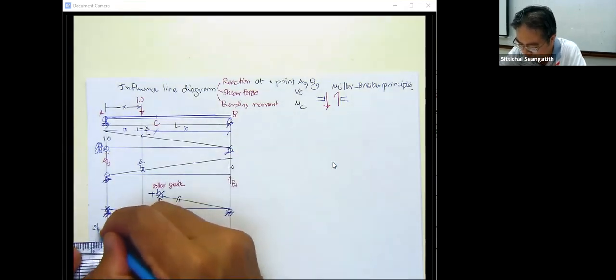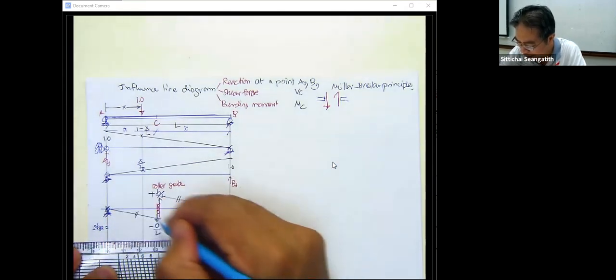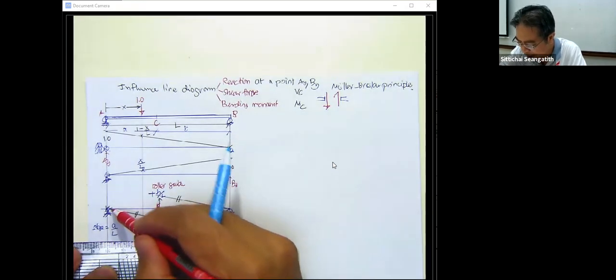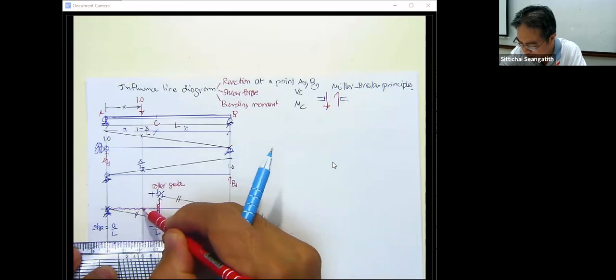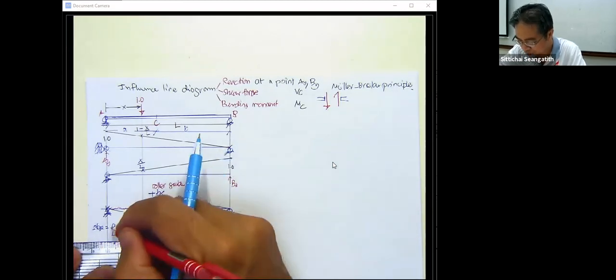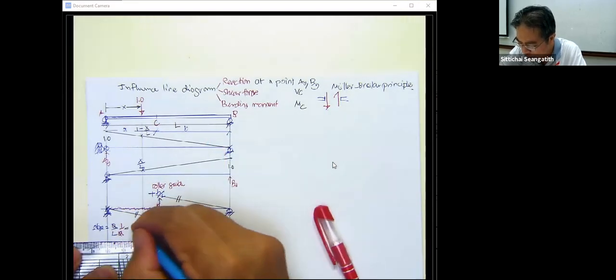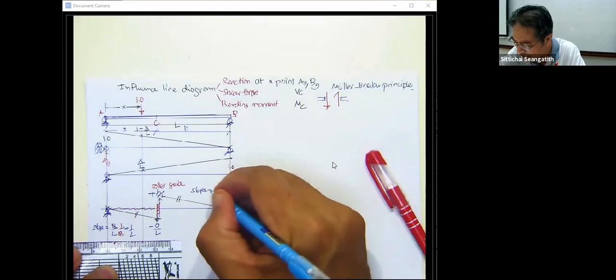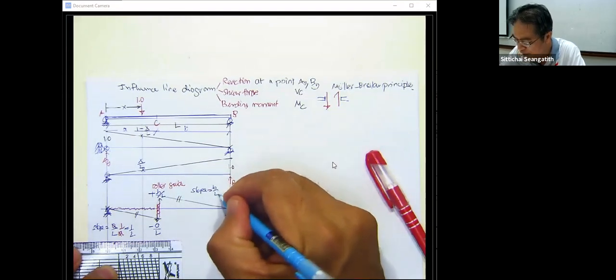You can check the slope here is A over L, and the length from here to here, the triangle, is A, so A divided by A gives 1 over L. The slope here, if you measure it, is also B over L.